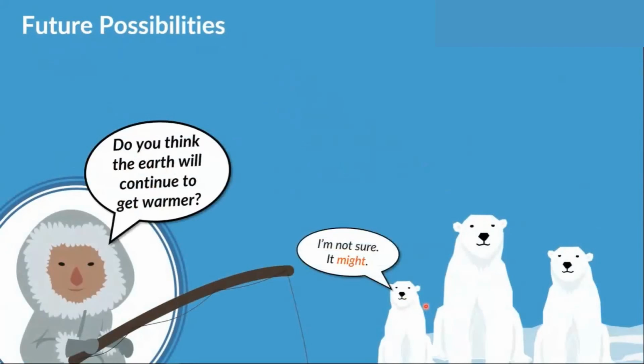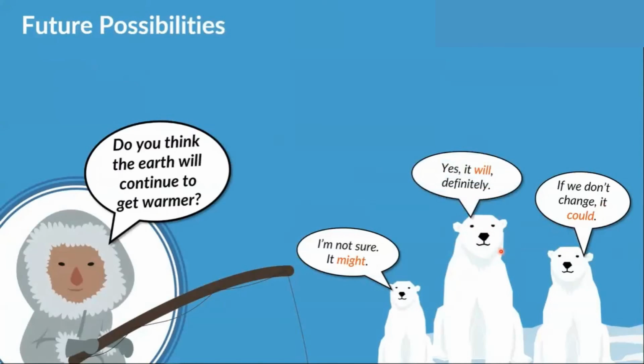And the young polar bear says, I'm not sure. It might. The mammy polar bear says, if we don't change, it could. Okay, so if we don't change the way we live, it could. And then the wise old papa polar bear says, yes, it will. Definitely.